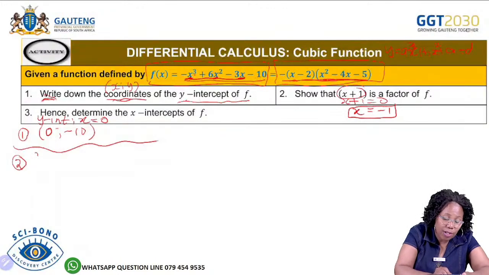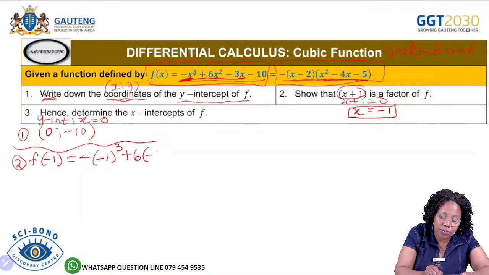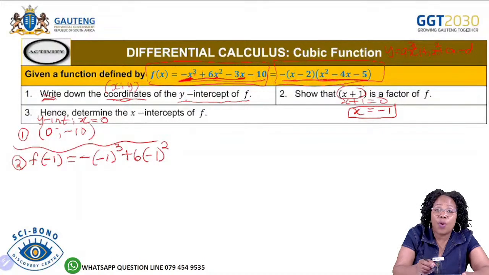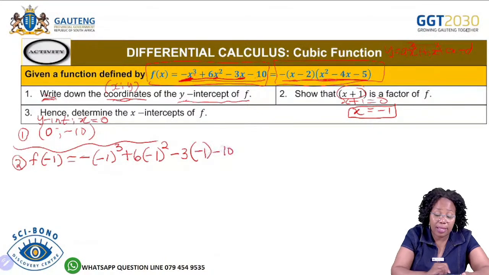Now for f, where we have an x, we substitute a minus 1. f(minus 1) is equal to minus, from the f(x) formula, for x we put minus 1 cubed, plus 6 times minus 1 squared, minus 3 times minus 1, and the minus 10 there.